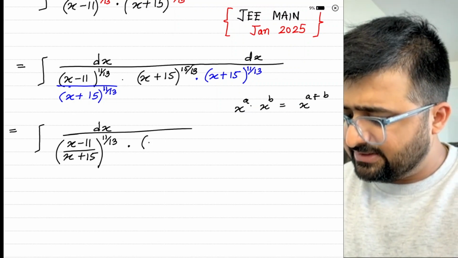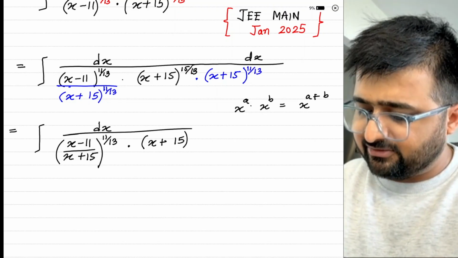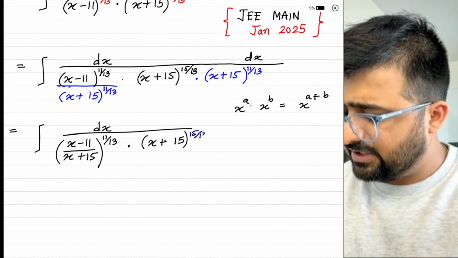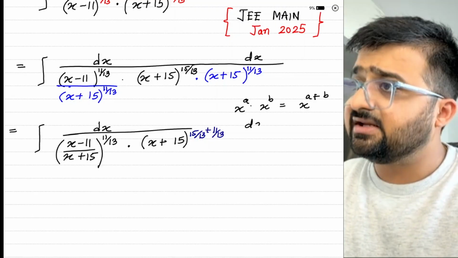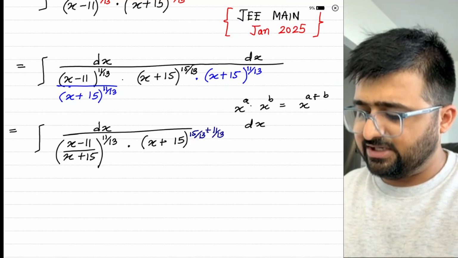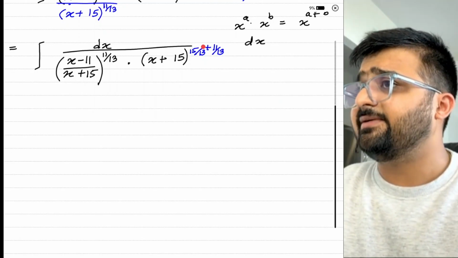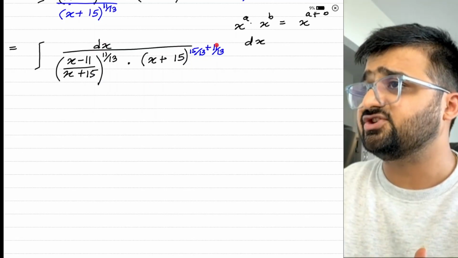So what you will have is x plus 15, and you can add those powers: 15 by 13 plus 11 by 13. And remember, everything is getting integrated with respect to x. I hope that makes sense so far. 15 plus 11 is 26, divided by 13. This is essentially 2.